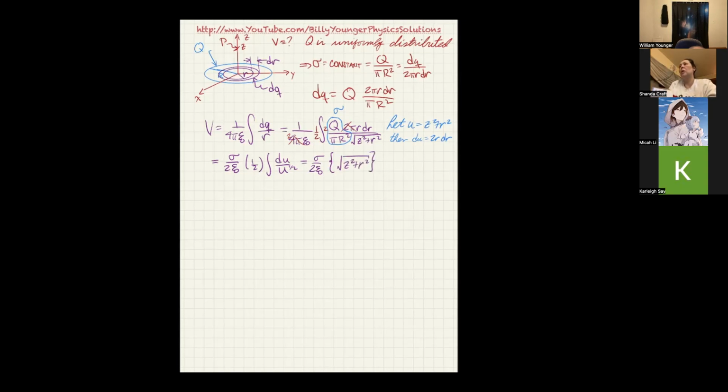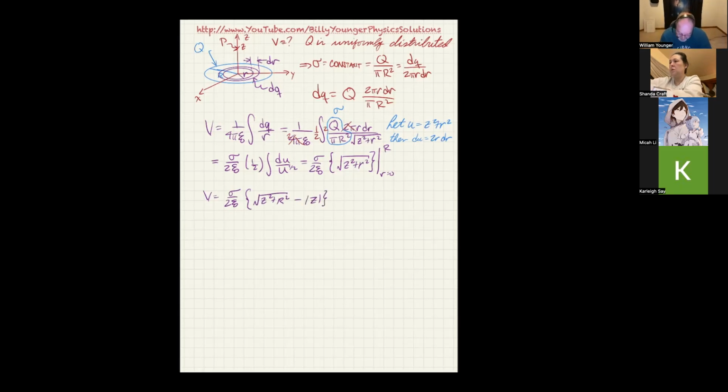And of course, that means I'm going to integrate it from r equals 0 to big R. So I can say V is equal to sigma over 2 epsilon naught times the square root of z squared plus R squared, minus, now we're going to let little r become 0, and that just becomes the square root of z squared, which is just the absolute value of z, basically.